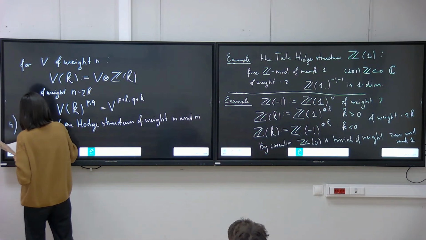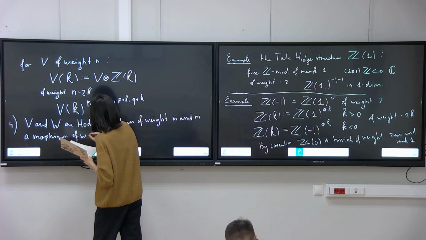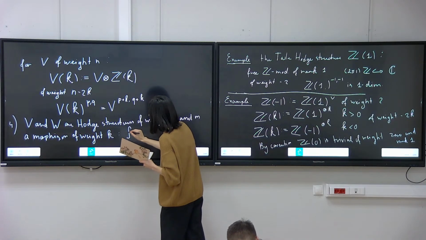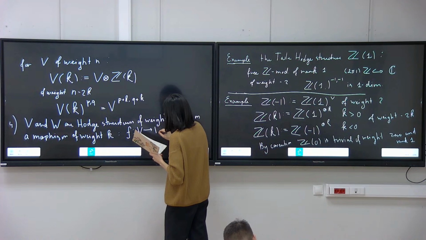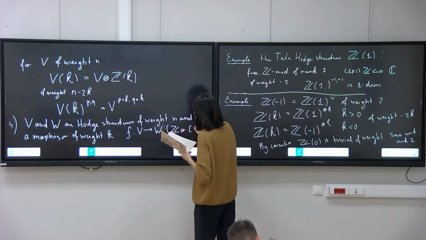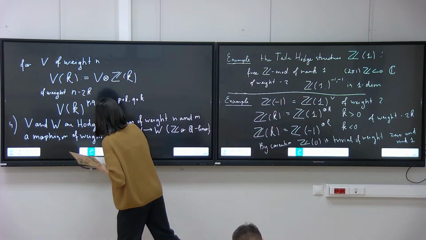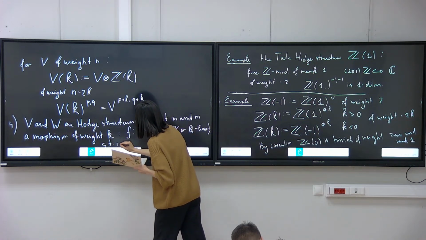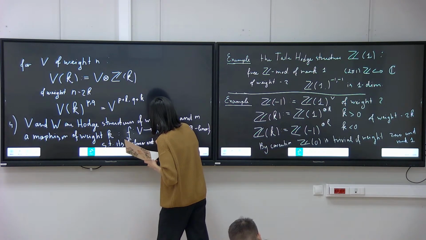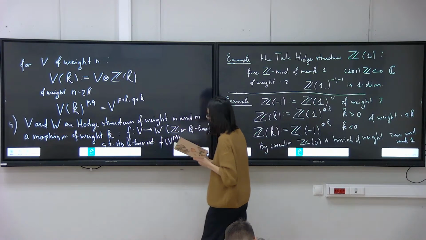Then a morphism of weight k is a morphism of the corresponding Z-modules, that is Z or Q linear maps, such that its C-linear extension satisfies... What do you think it should satisfy?